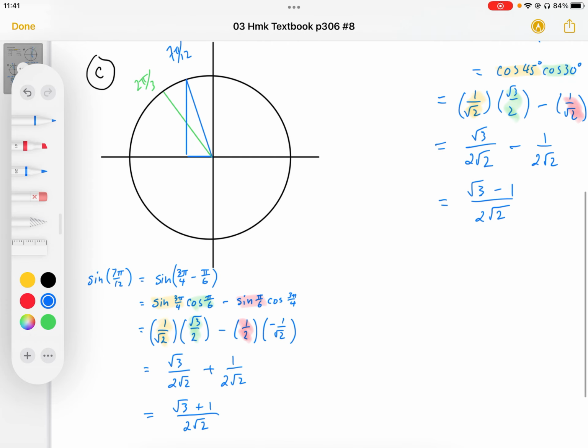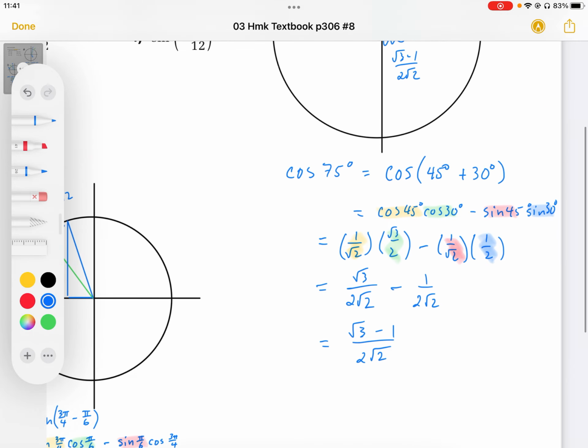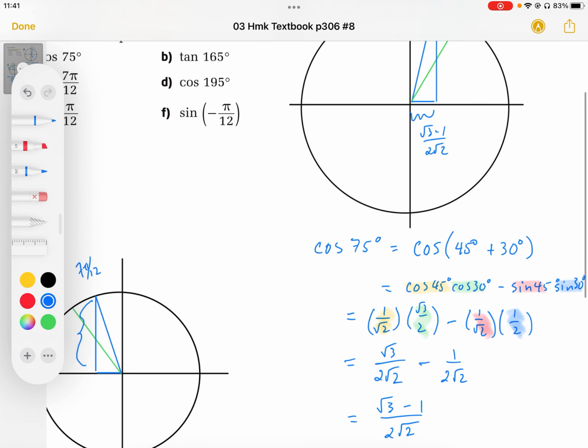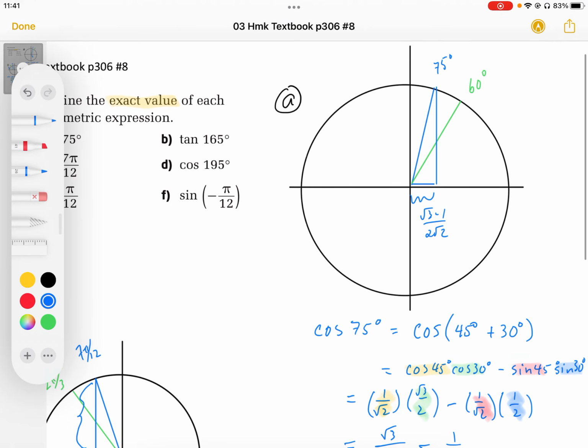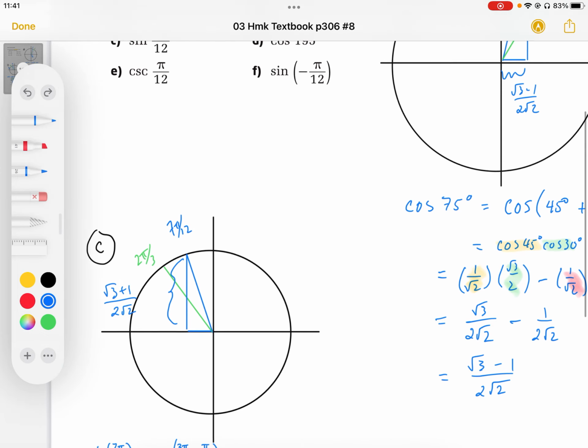So the sine value, which is going to be this length in here, is going to be root 3 plus 1 over 2 root 2. And you should note that those are the same triangles I have in both diagrams. The short side is going to be root 3 minus 1, and the long side of that triangle is going to be root 3 plus 1 over 2 root 2.